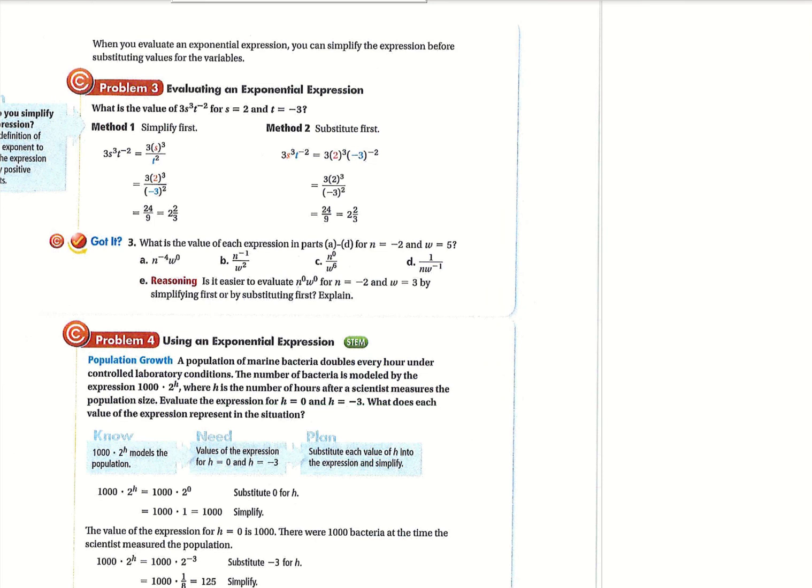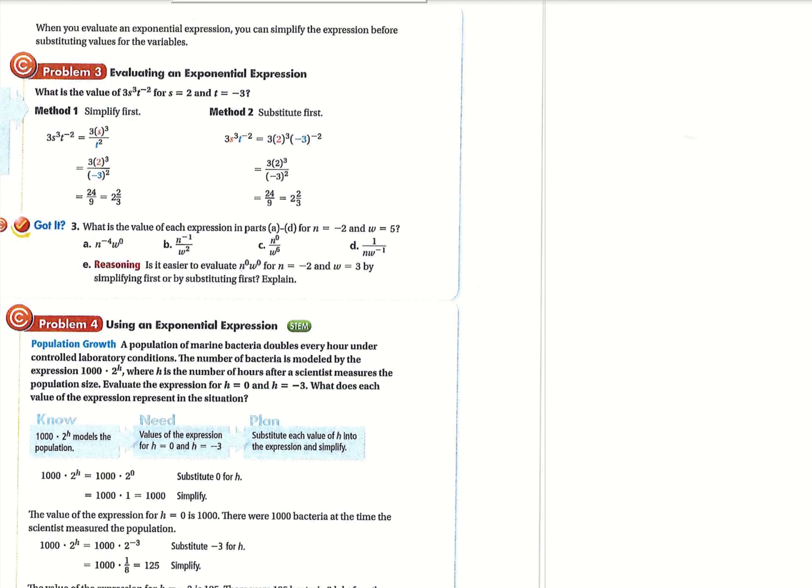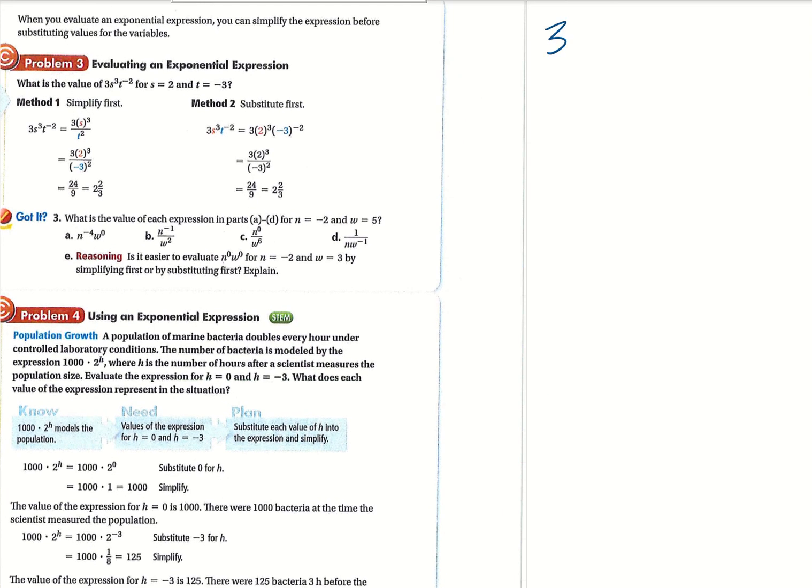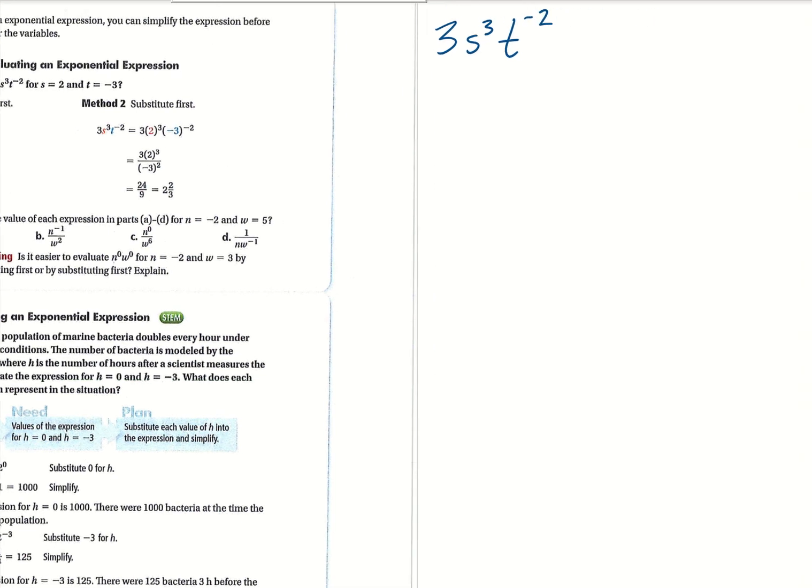All right. Lastly, we've got problem 3. Okay, there's 2 different methods we can do to solve this. Basically, it doesn't matter if we substitute our numbers in for variables first or if we simplify first. It's totally up to you. All right, so we know S is 2, T is -3.